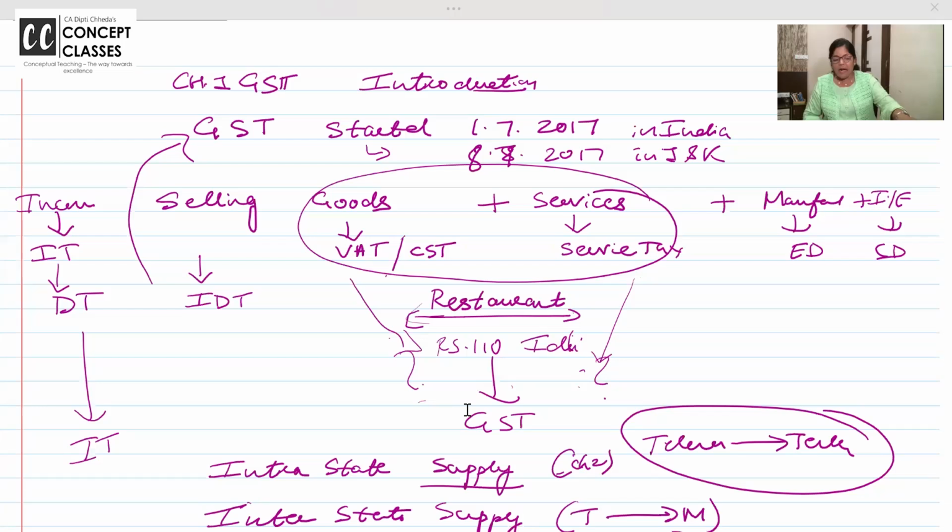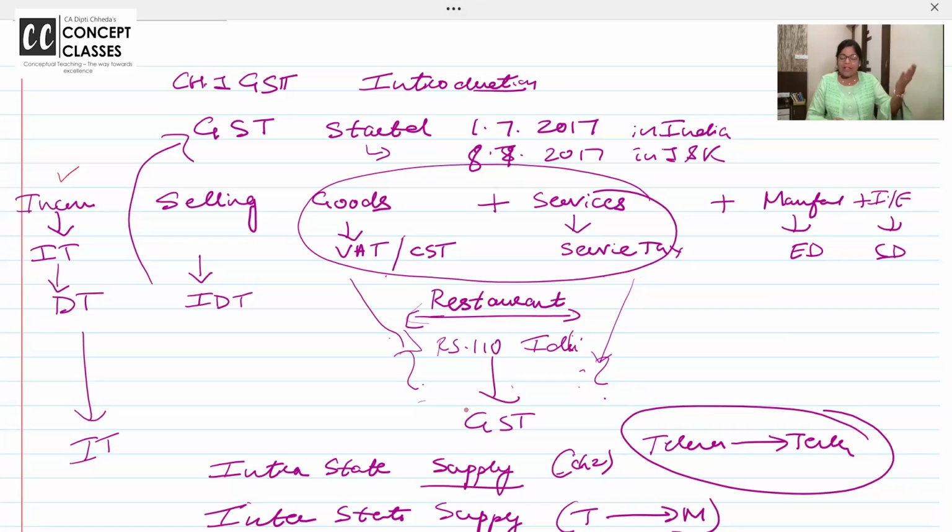We are learning for 50 marks, including your MCQs and all, the Goods and Services Tax Act, which started in India in 2017. Later, around in a week only, it was extended to Jammu and Kashmir also. So in the whole of India, whenever you are generating your own income, you are paying income tax.